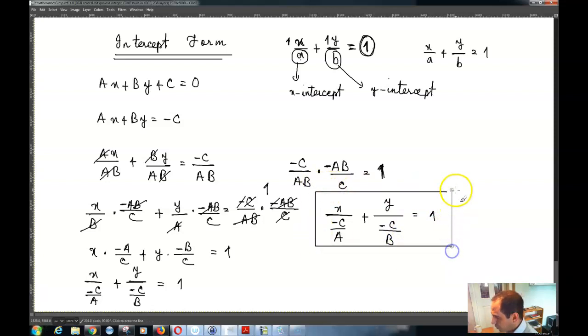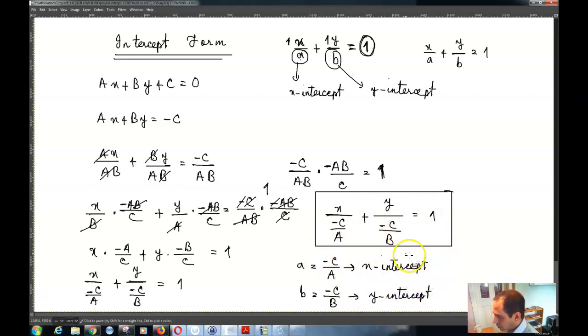If I compare this with the equation over here, you can see that a over here is equal to negative c by a, which is my x-intercept, and b over here is the same as negative c by b, which is my y-intercept.